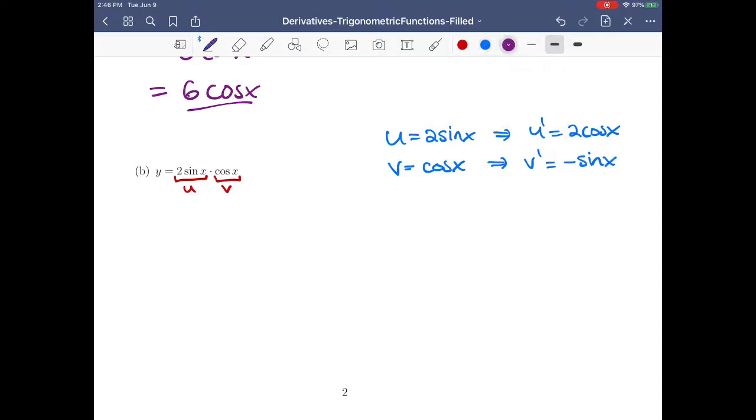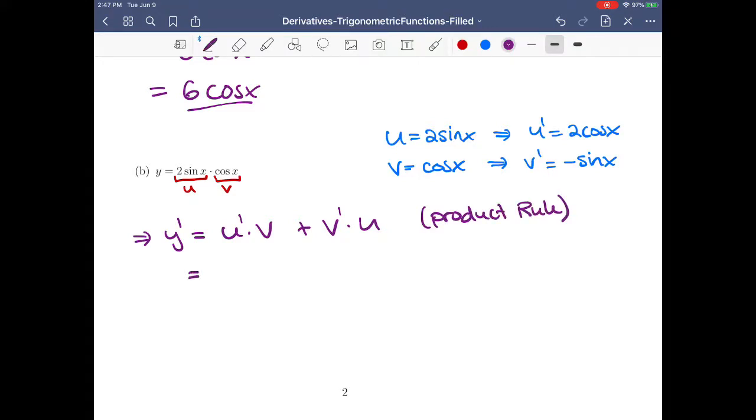Using the product rule, y prime is u prime times v plus v prime times u. If I plug these in, this is 2 cosine x times cosine x plus v prime, which is negative sine x, times u, which is 2 sine x.